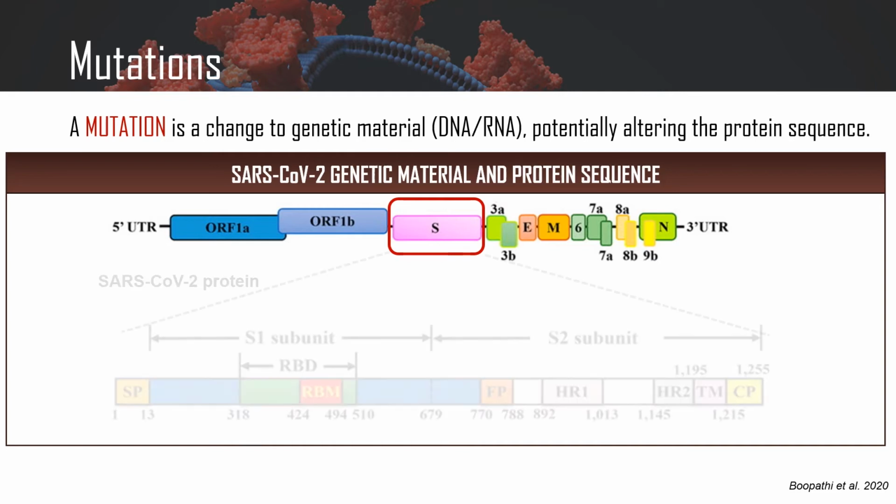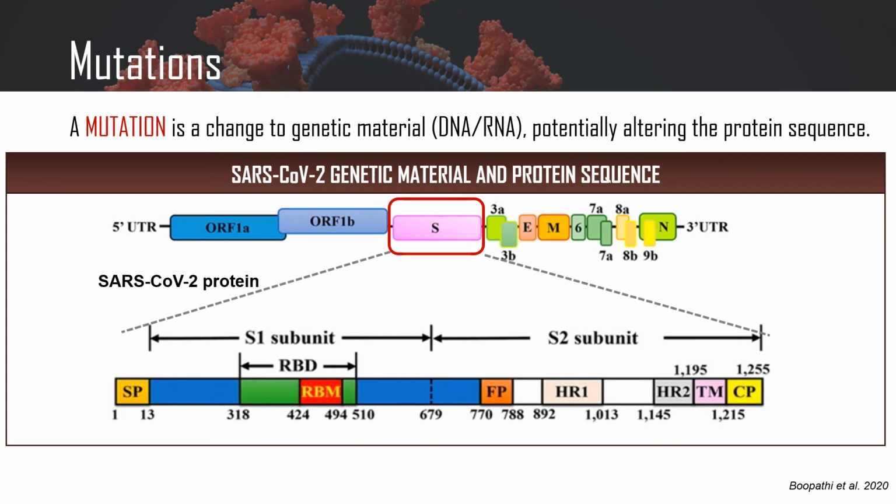But if I was to expand on this and look at the protein structure which is created or generated from this code, we can see this polypeptide sequence, again looking very complex, but the essential bit is the region of that polypeptide chain which is going to fold up into a protein called the receptor binding domain.